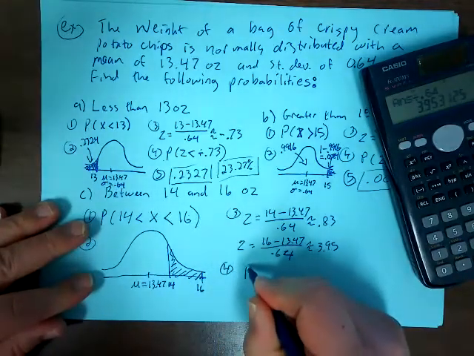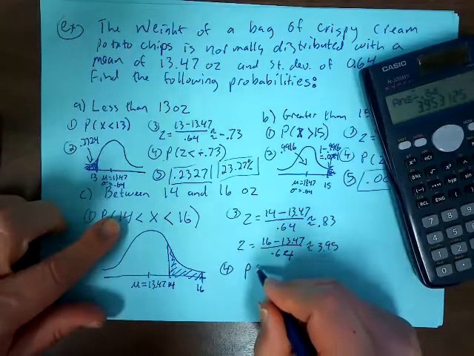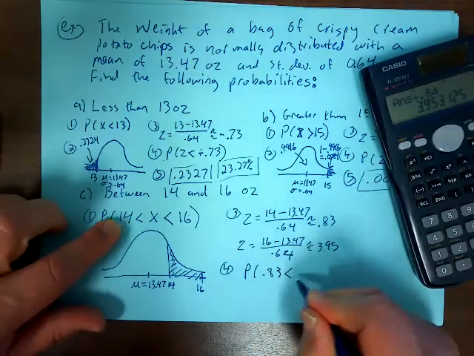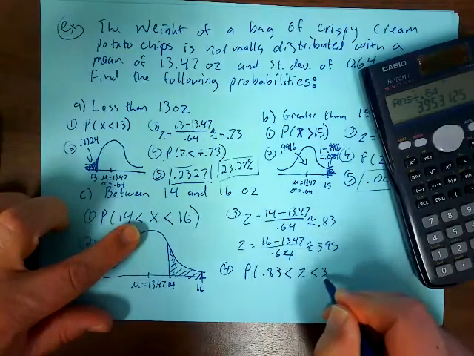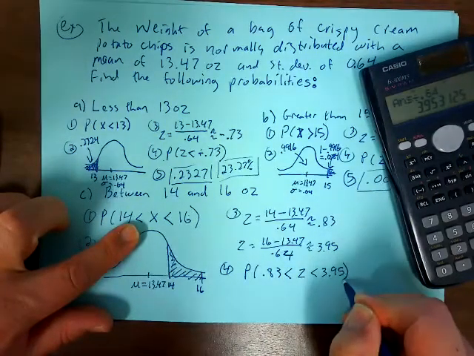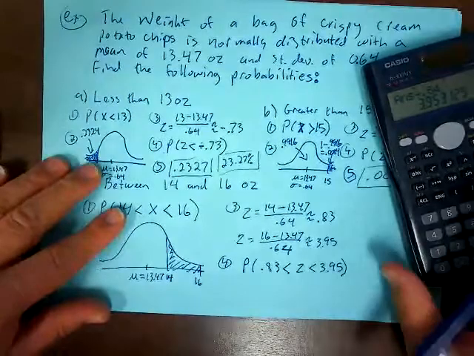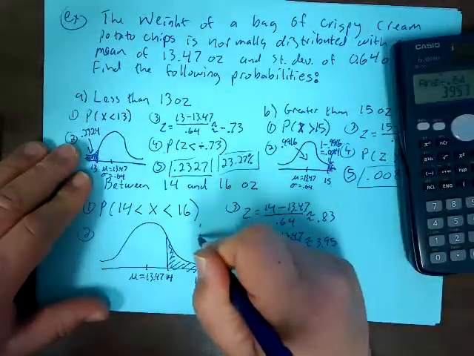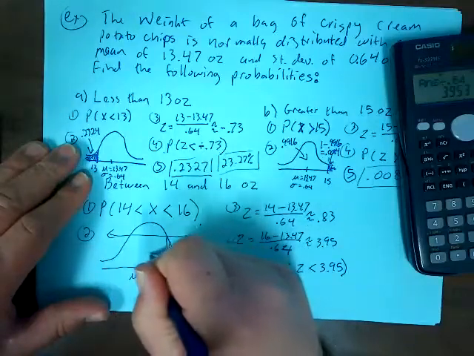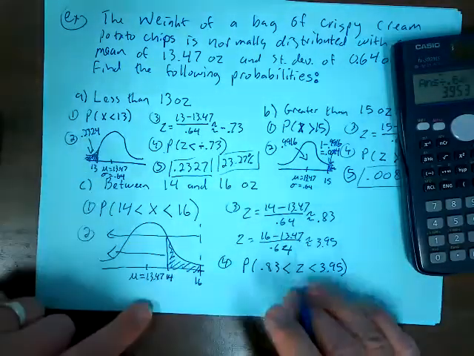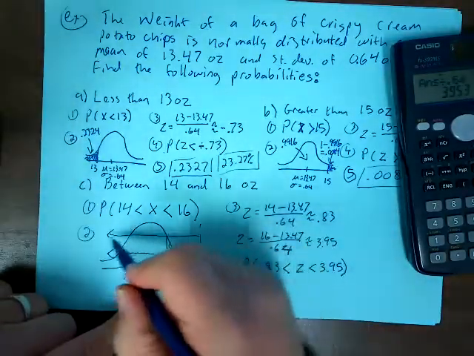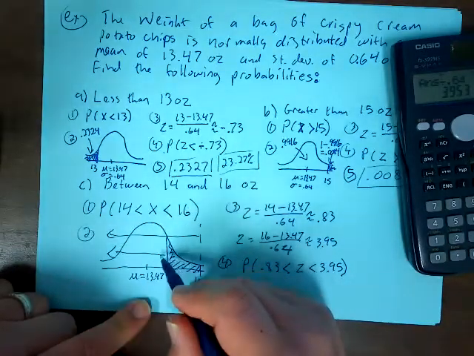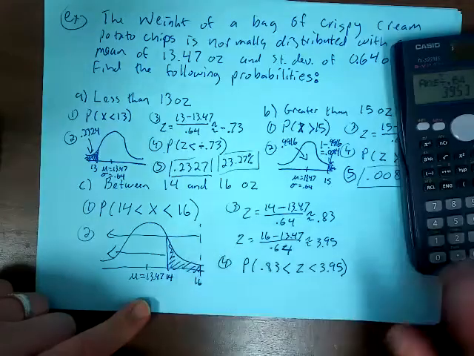So now I write out my z-score probability, changing these to the z-scores: 0.83 less than z less than 3.95. Now I'm going to find the area. This is like the third case, a between probability. When I look up this one, I get all the area from this z-score all the way down. That's too much, so I want to subtract the area below that.